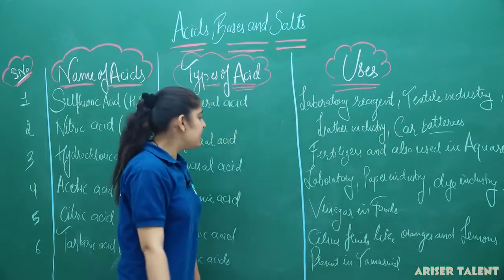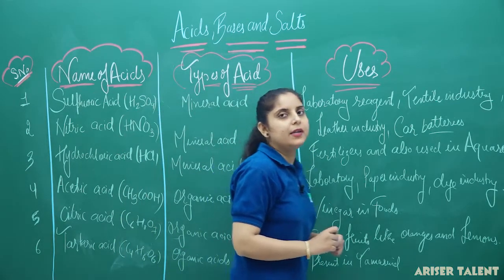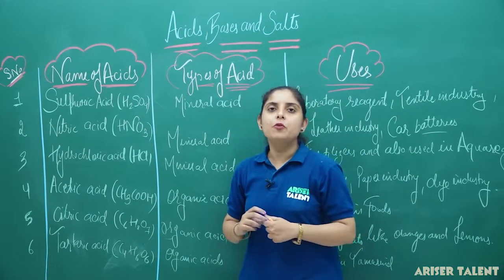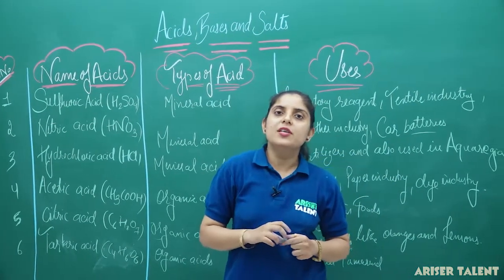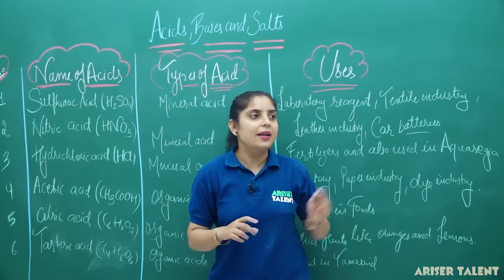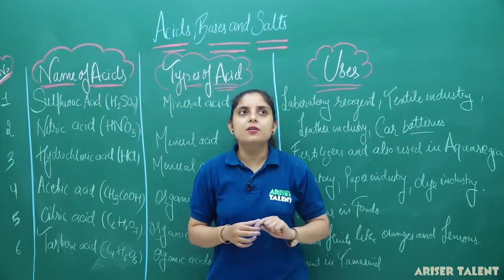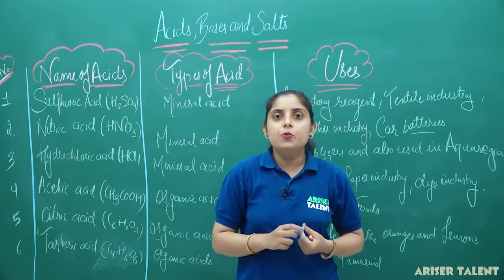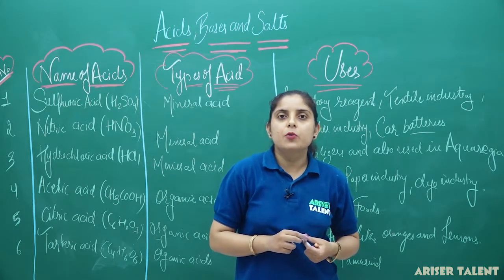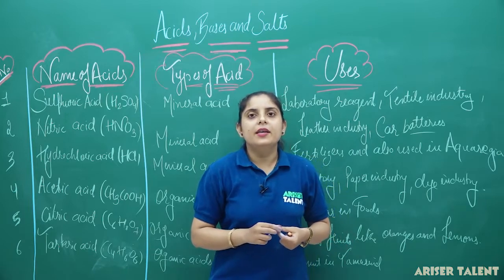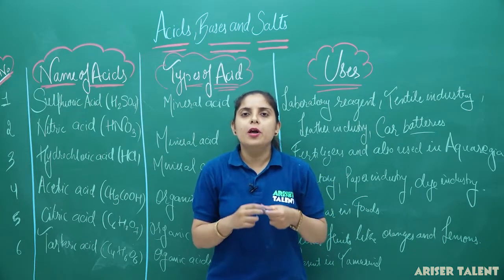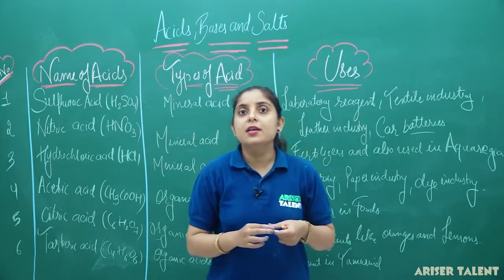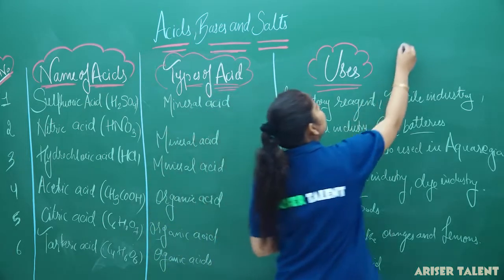So, here is a list of a few acids I have written, which are mineral acids and organic acids. You have to learn this table because a question is going to be asked in your exam regarding their uses. Suppose a question asks what type of acid is used in aerated drinks, like Coca-Cola or Pepsi.